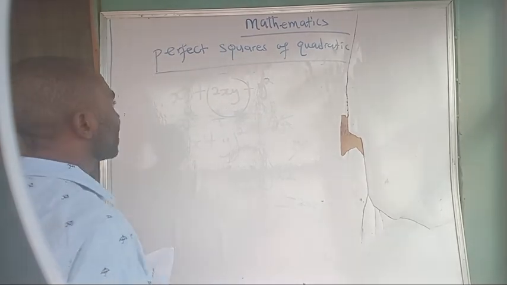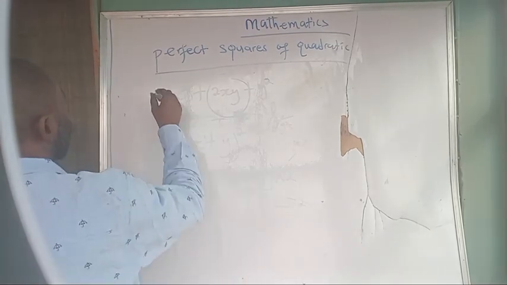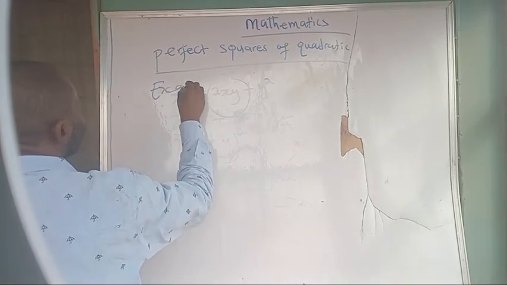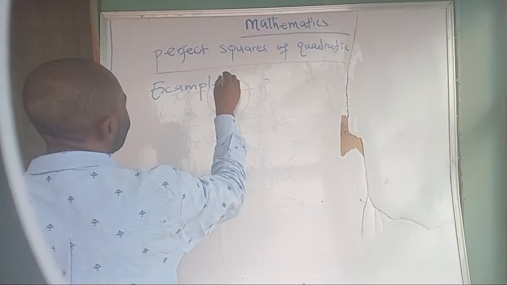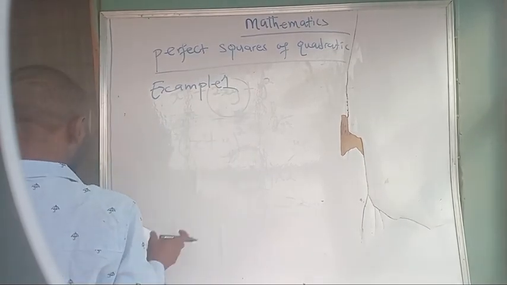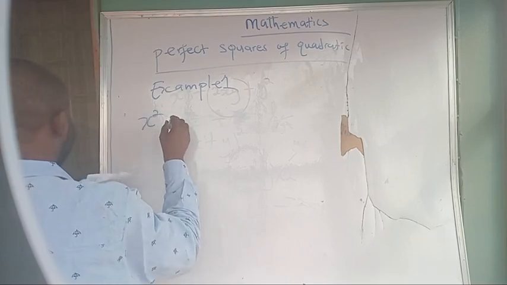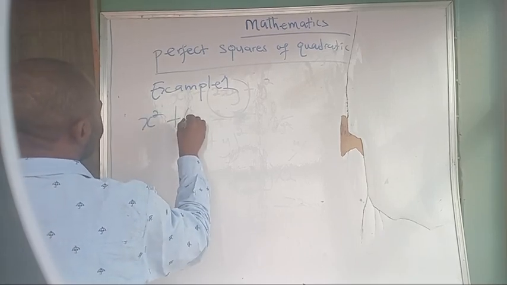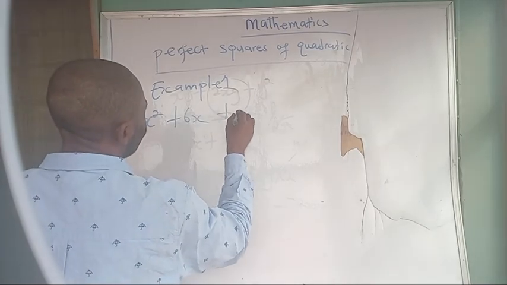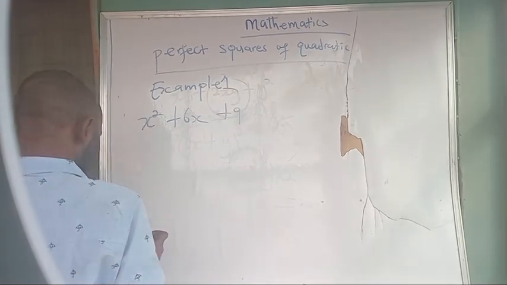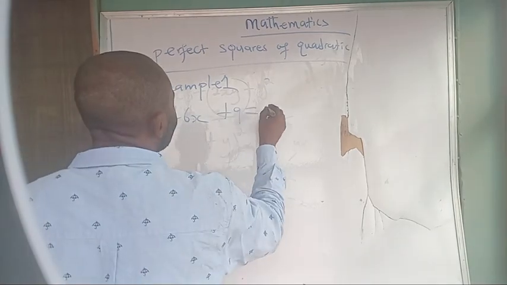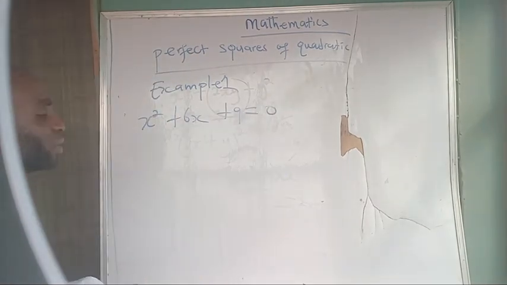Let's take 2 examples here. We have example x squared plus 6x plus 9 is equal to 0.